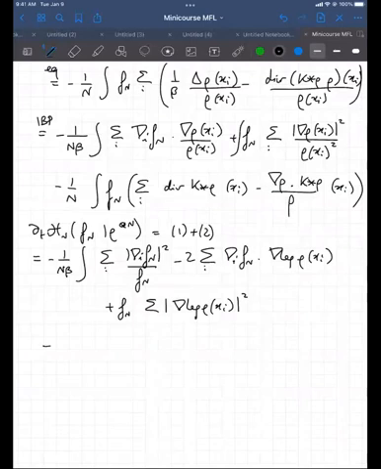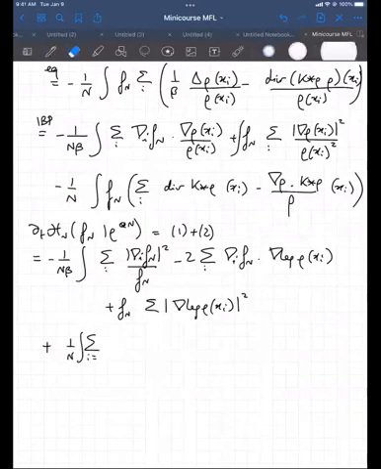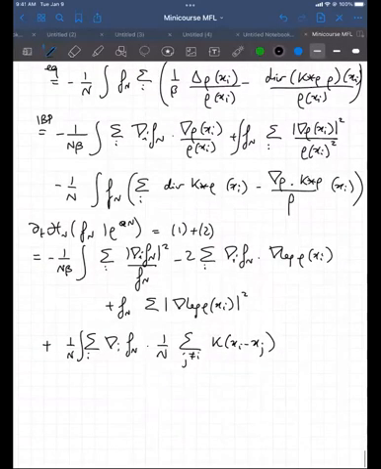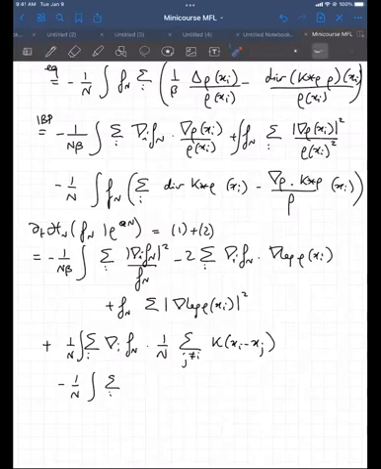And then for the second piece, I have an integral sum of gradient i Fn dot 1 over L sum of k xi minus xj. Then I had a 1 over n integral of sum. So here you recognize gradient log rho. And write it like that.